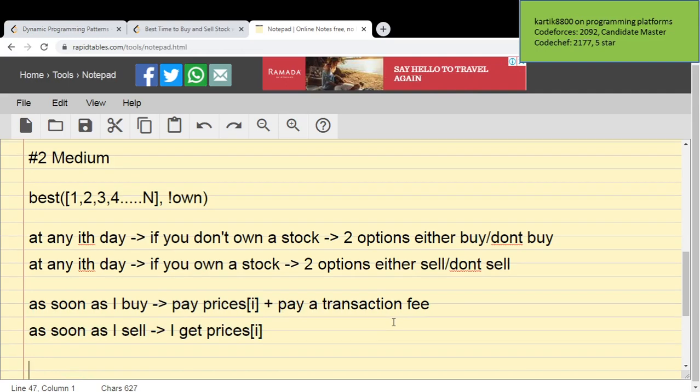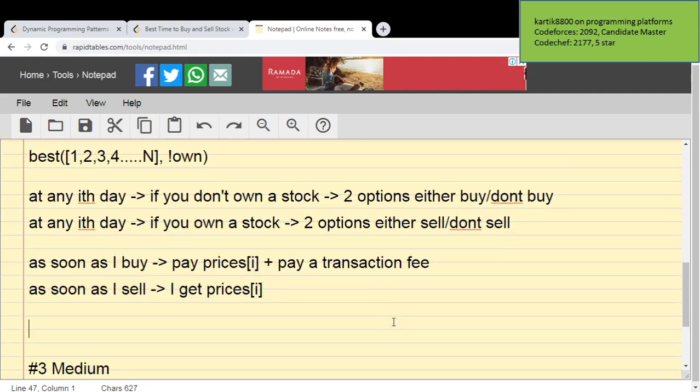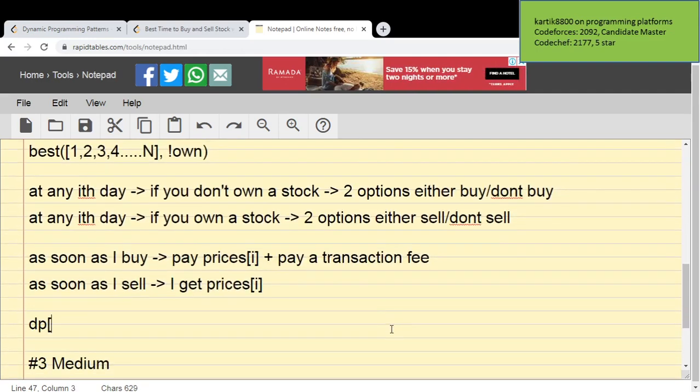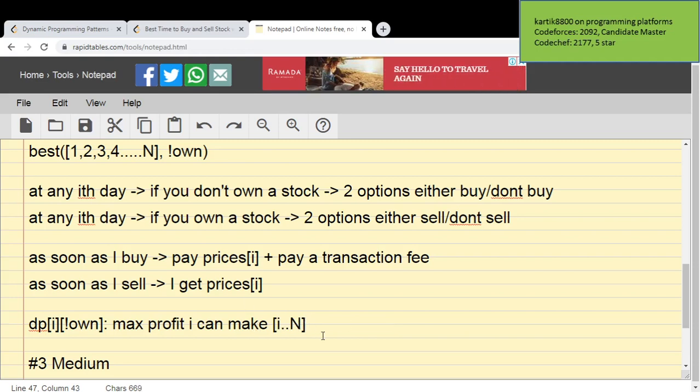Cool. Since you've done till here, now I'll define a DP and we'll implement that. So I can define my DP as this: DP of I, comma, not own and own. DP of I, comma, not own is the max profit I can make from day I to day n, given that I currently do not hold a stock, given that I don't own a stock.